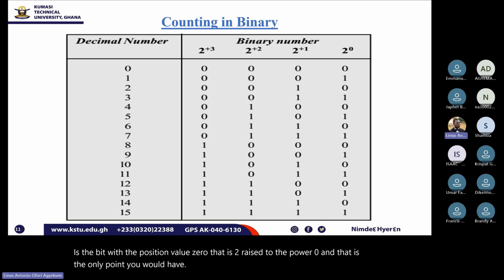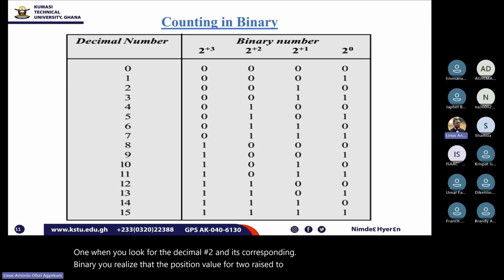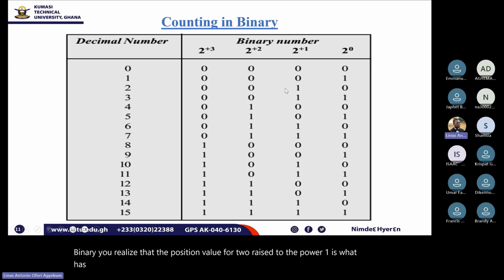When you look for the decimal number 2 and its corresponding binary, you realize that the position value for 2 raised to the power 1 is what has 1. Anything else is 0. So similarly, that combination is used to represent the binary equivalent of the decimal numbers up to the last decimal number here. Please, are we okay?